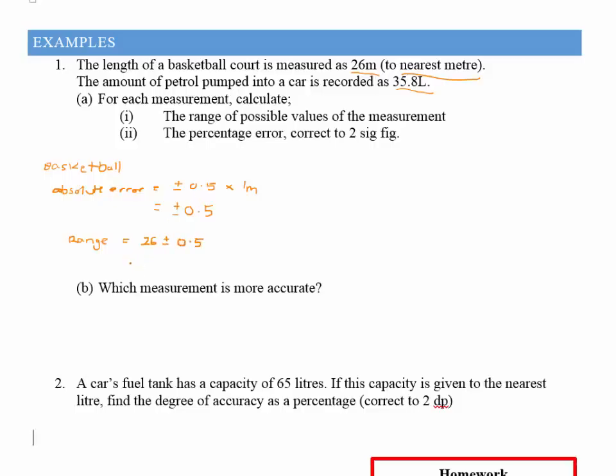If I did 26 minus half a meter, I'm going to get 25.5, which is the lowest value I can possibly have. And now the highest value I can have: 26 meters plus half a meter is going to be 26.5 meters. And that's as far as we need to go.